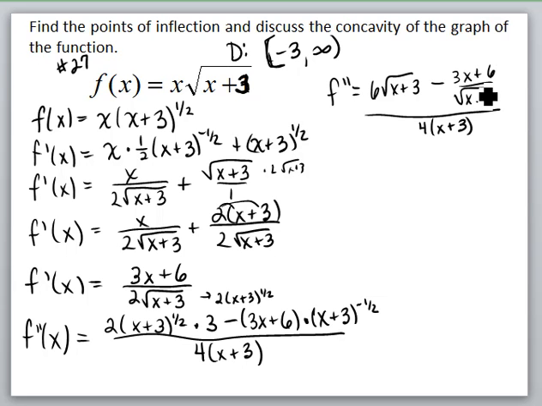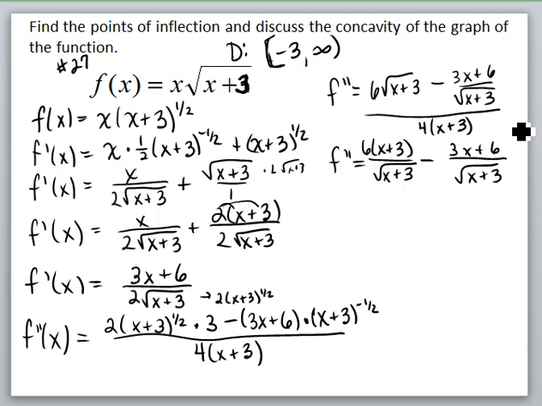Well, I now need to combine like terms up here. What that's going to give me is, I'm going to want to make the common denominator be square root of x plus 3 on the bottom. So that's going to give me 6 times x plus 3 on the top, and then I'd keep my 3x plus 6.